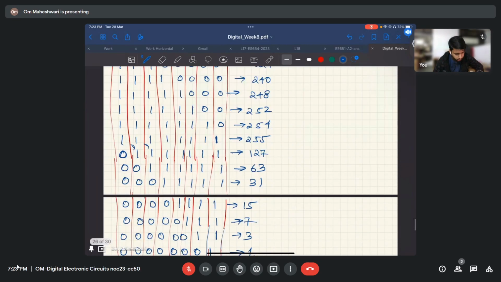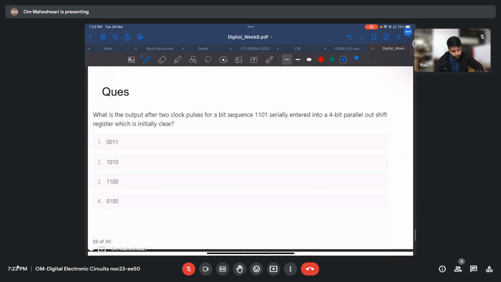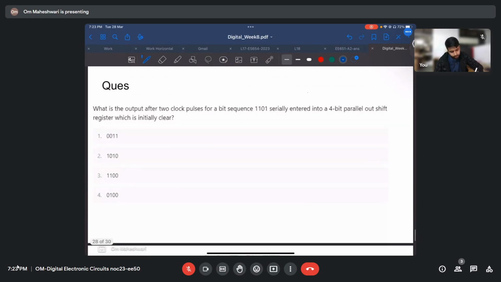So let us see the next question. So again, we have a 4-bit serial in parallel out shift register.